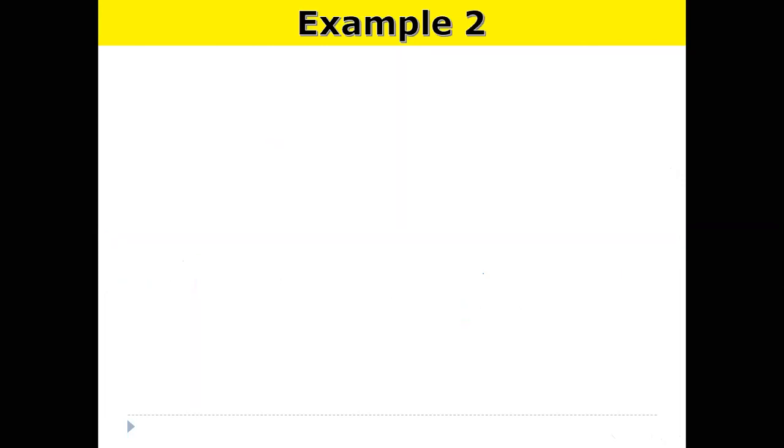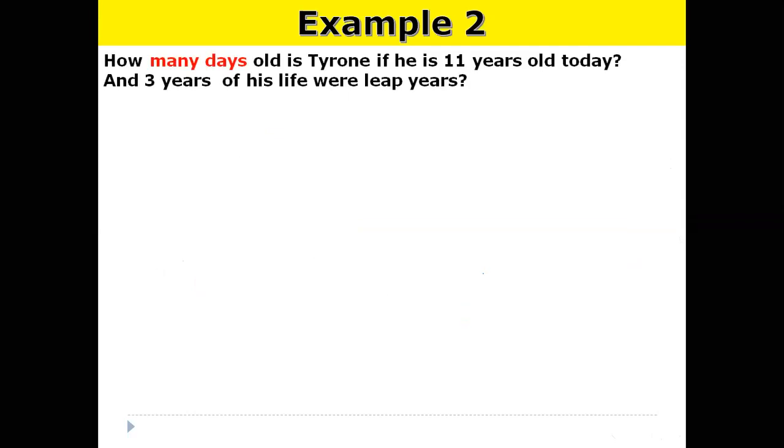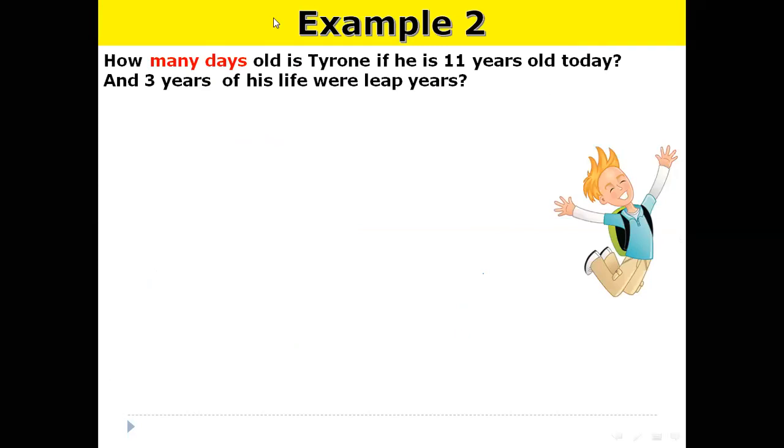Let's have another example. How many days old is Tryon if he is 11 years old? And they told you in the question, 3 of those 11 years are leap years.